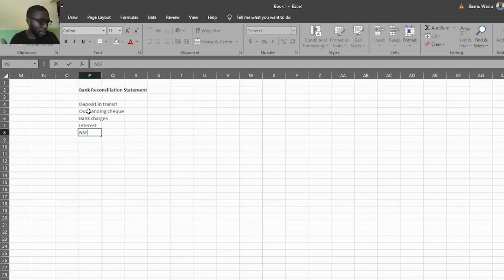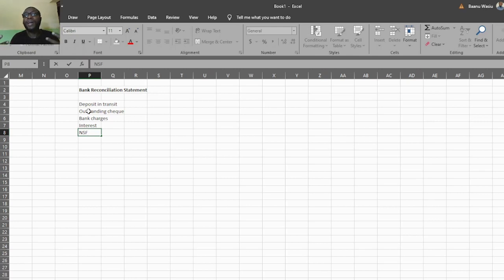Then the last one I'll quickly talk about is the NSF. That's short for not sufficient funds. You have received a payment through a check and you have recorded that payment in your cash book. But later the bank discovered that the issuer, that is the person who gave you that check, does not have enough funds in their account.